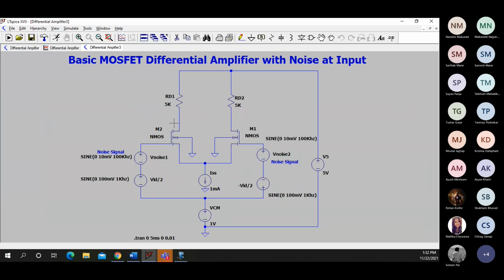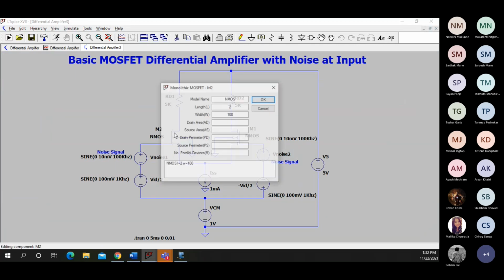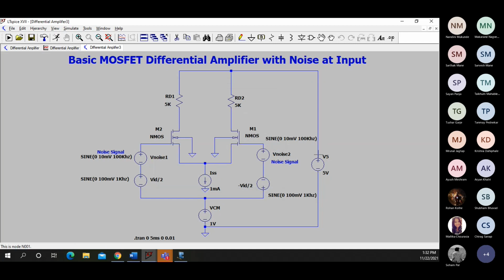So now you can see this circuit is pretty much the same. The W by L's are the same. But now what you can see here is that we have introduced a noise signal. And generally a noise signal is a high frequency signal.